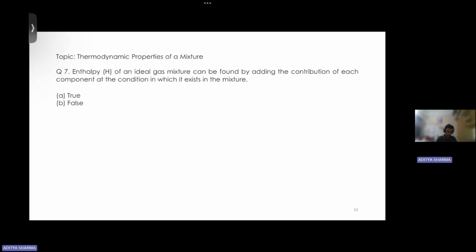So moving on to the next question. The topic of the question is thermodynamic properties of a mixture from lecture 17. This is question number 7.